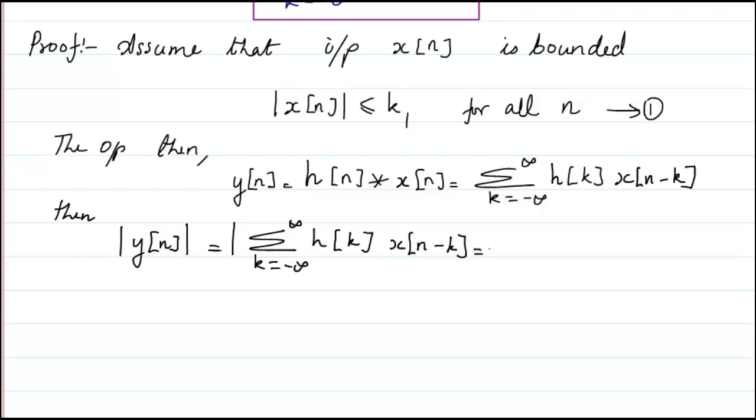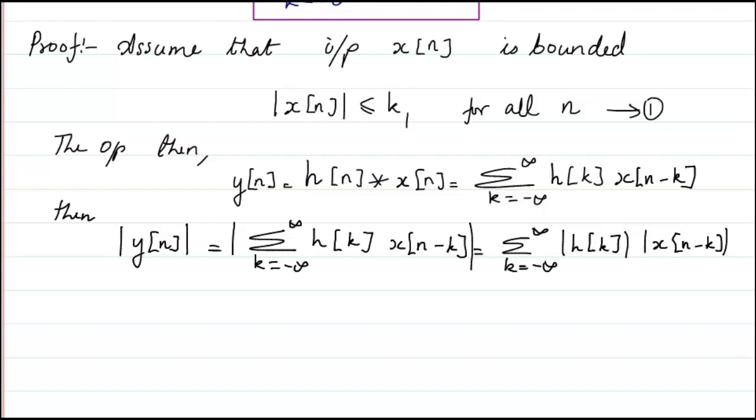I will take the absolute value inside the summation, so it is the summation k equal to minus infinity to infinity of the absolute value of h of k multiplied with the absolute value of x of n minus k, correct?